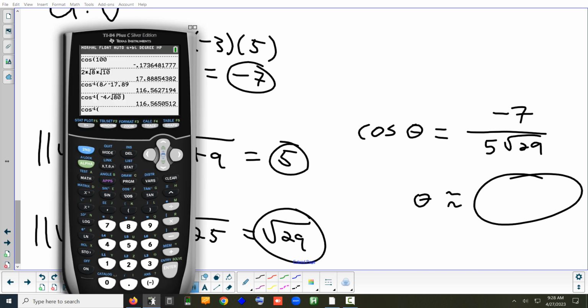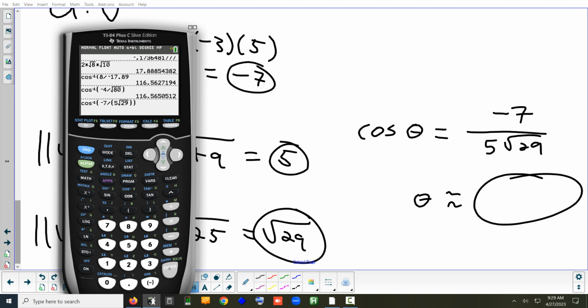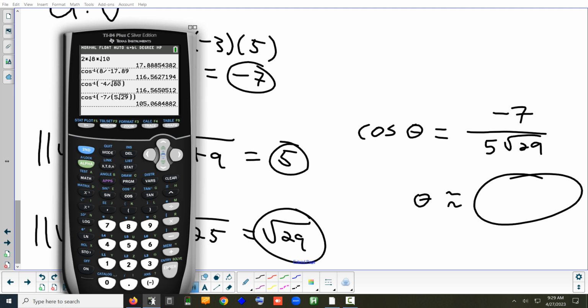Just be careful if you want to type it all in at once. Use parentheses just like this. So negative 7 divided by, and I put the denominator in parentheses because I wanted to multiply 5 times the square root of 29 first. If you don't, I think it's going to mess up. And that's your angle, 105.07.